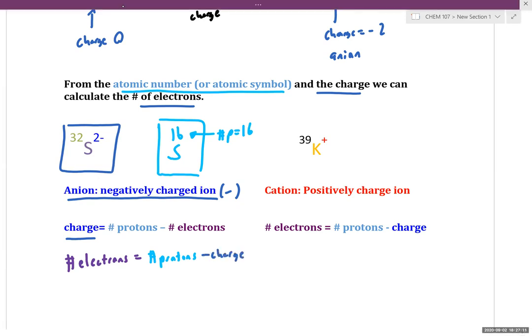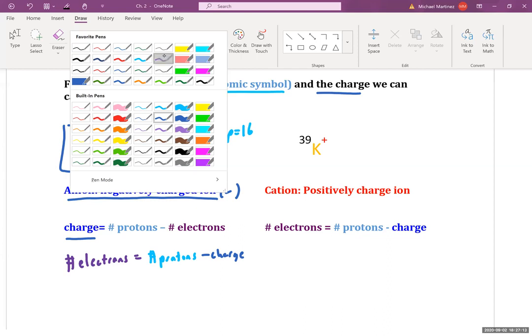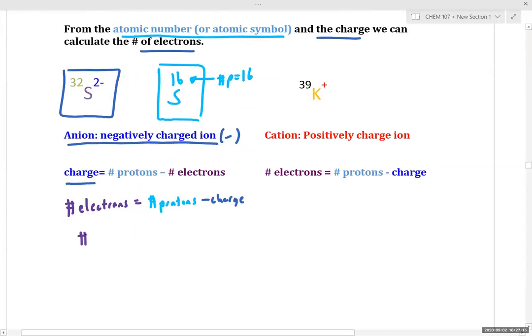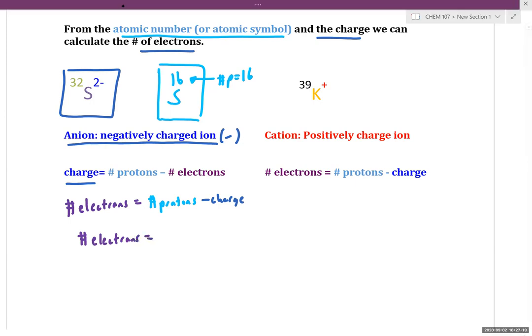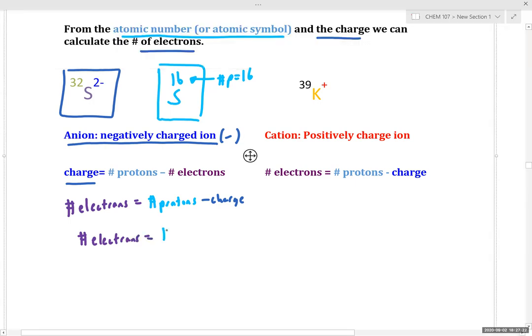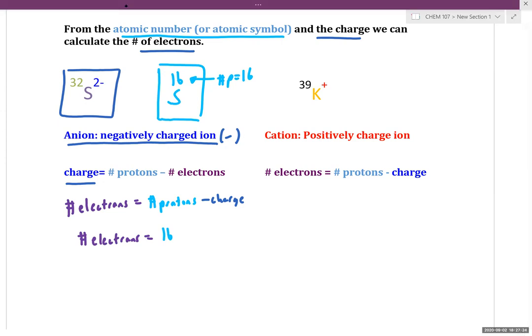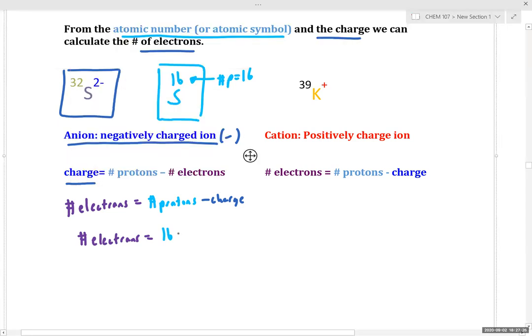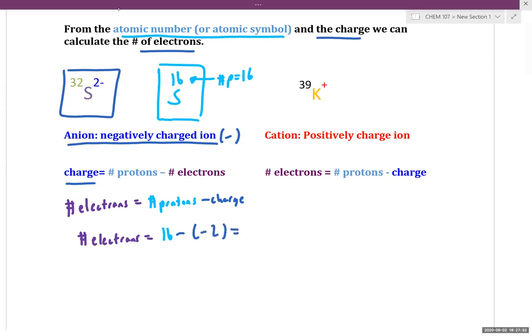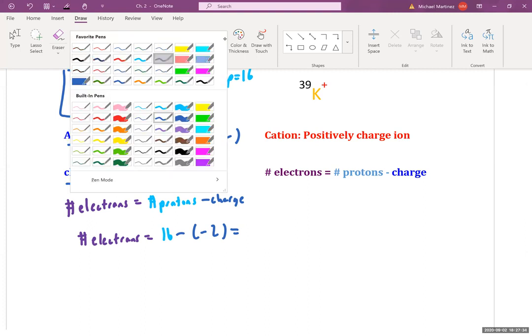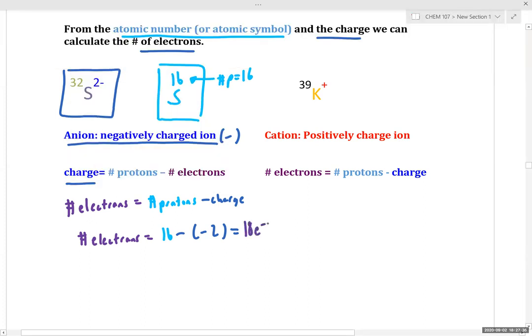Okay, so plugging in our numbers here, our number of electrons is equal to 16 minus our charge, which is -2. And that in turn gives us a total number of electrons of 18. Does this make sense to everyone?